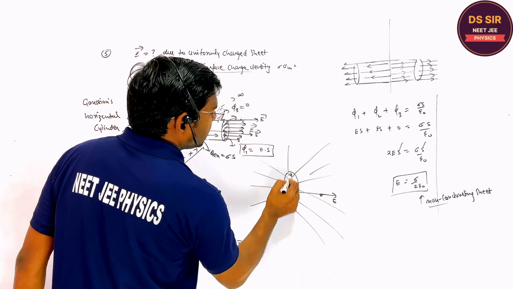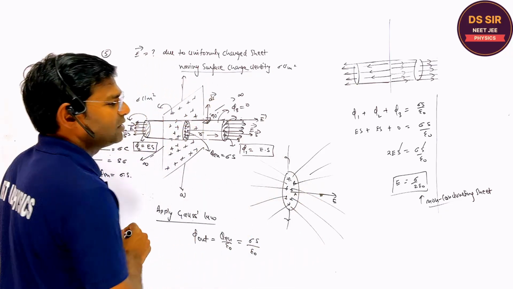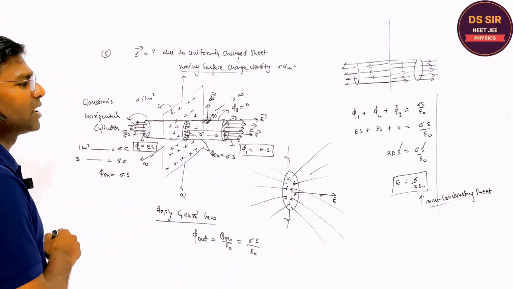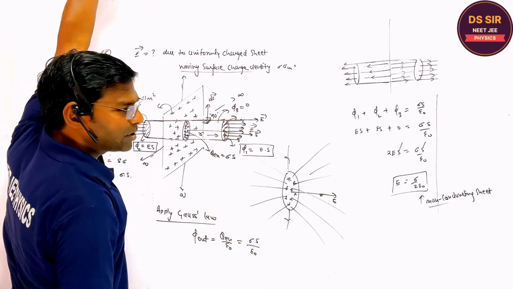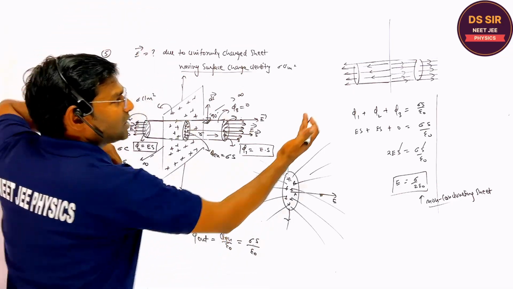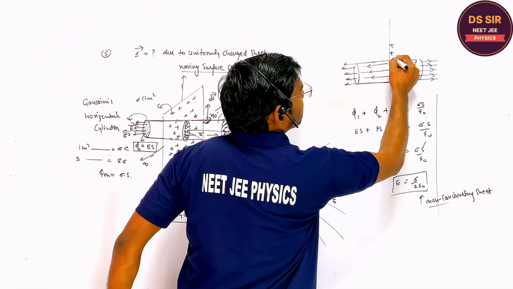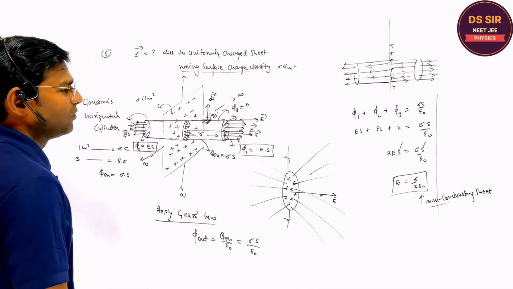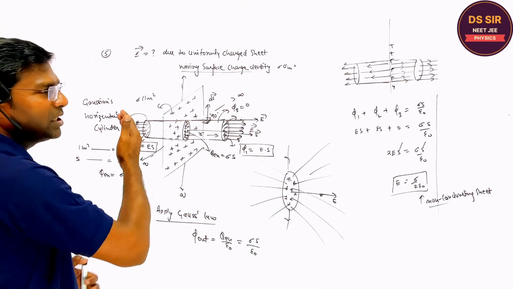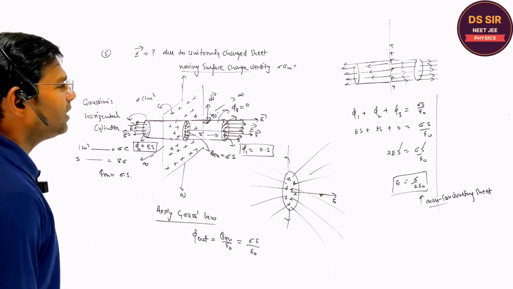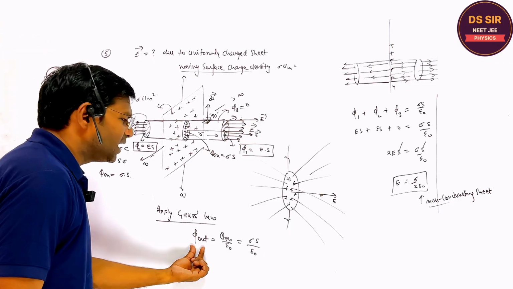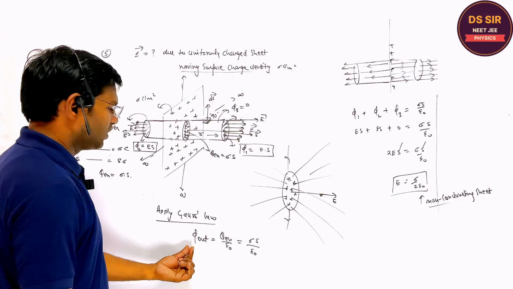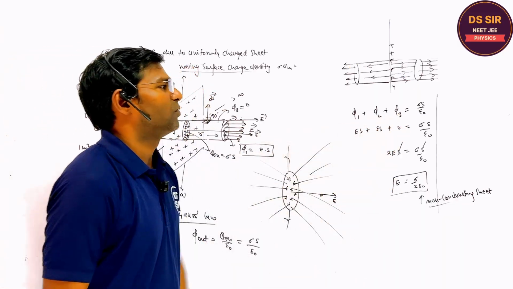So we cannot find the electric field with the help of Gauss's law. But if it is extended up to infinity, the electric field becomes constant and uniform, constant and symmetric. That is why we are able to find the integration or the flux.